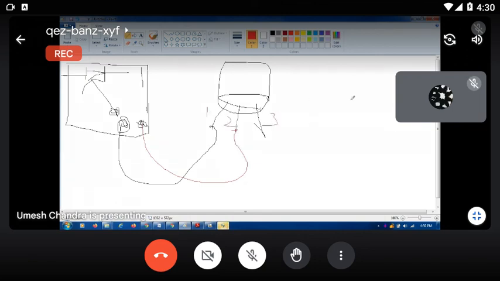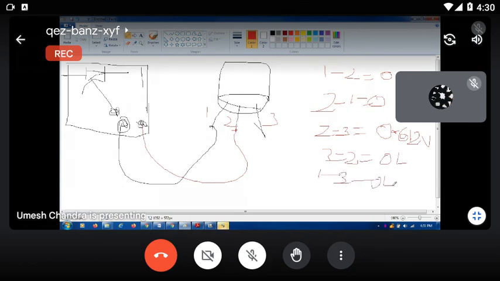For 1, 2, 3: 1 to 2, you got some voltage, 0.613 volt. 2 to 1 is OL. 2 to 3, you got some voltage, 0.612 volt. Then 3 to 2 is OL. 1 to 3 is OL, and 3 to 1 is OL.